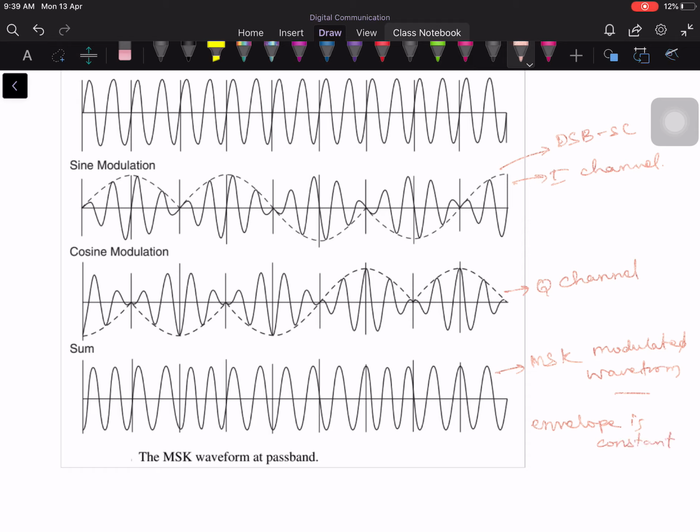Now let us prove mathematically how we can say the amplitude is constant. All you have to do is look at the complex envelope. The dotted lines are the complex envelopes: this is the Q channel complex envelope, and this dotted line is the I channel complex envelope.